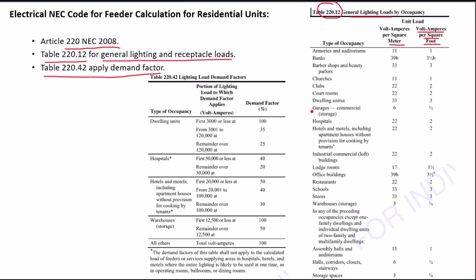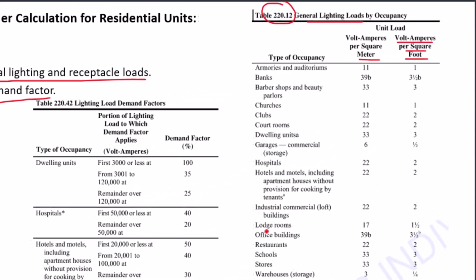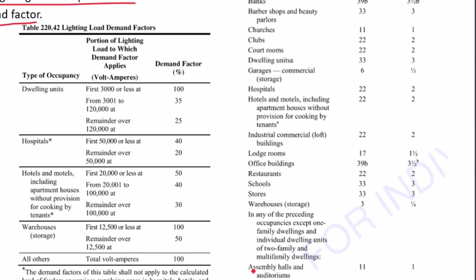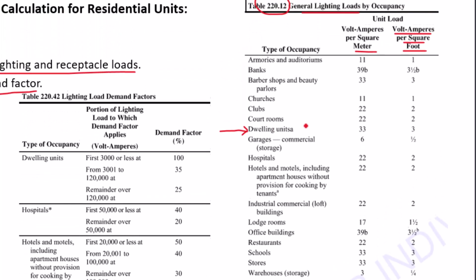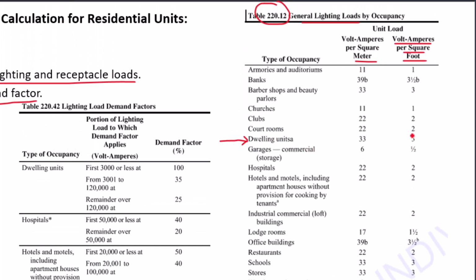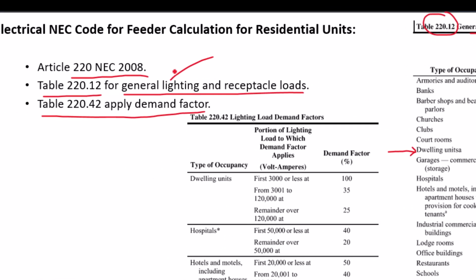And you can see the various occupancy types. We're only going to focus on the residential for now. And for residential units, it's called dwelling units. So for the dwelling units, we have to use 3 volt-amperes per square foot. And that will be the general lighting.